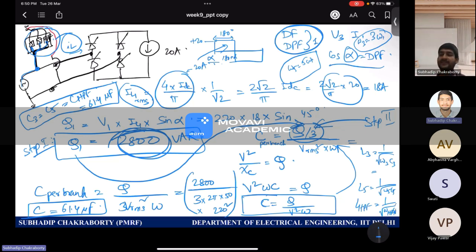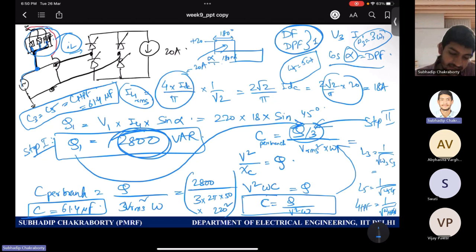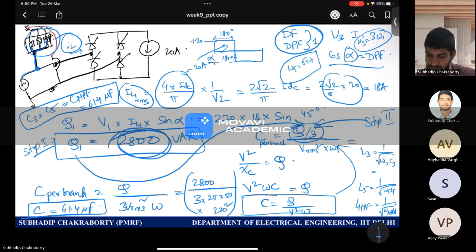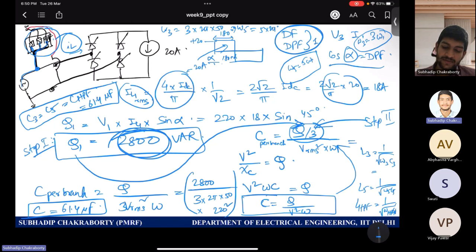So just tell me the L values for the 3 sub branches inside this passive power filter arrangement, in millihenries. So omega 3 means 3 times 2 pi into 50. Omega 5 means 5 into 2 pi into 50.